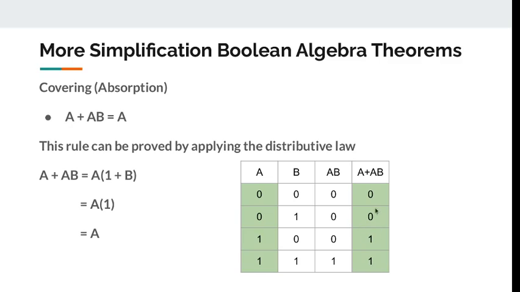And you can see that the output of this equation is the same as A. So also by exhaustion, you can prove that A or A and B is equal to A, because it's the same output that we have here.